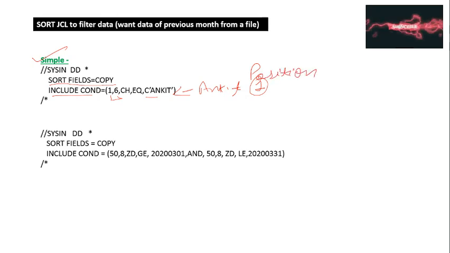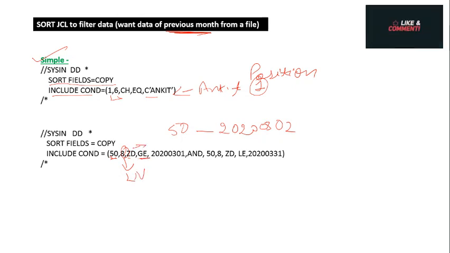So if a user wants to fetch the data of the previous month, what we will do is, suppose at position 50 there is a date like 20200302. It will check from position 50 with length 8, in zoned decimal format.